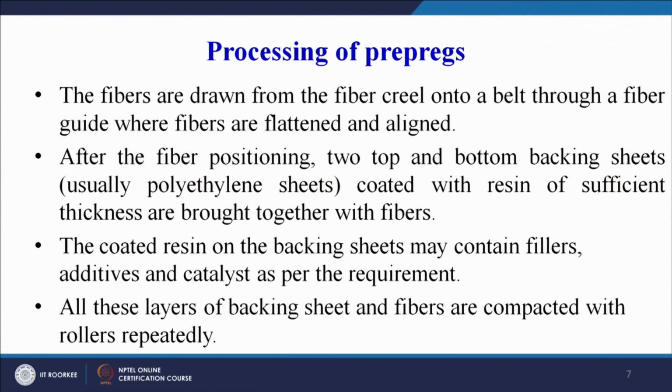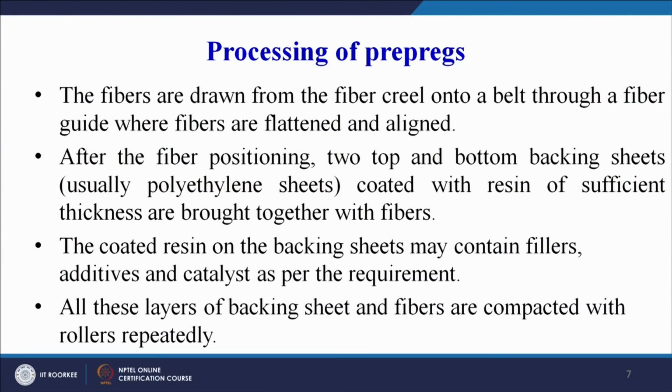Now in between we have fiber, top and bottom sheets carrying the resinous material on the inner side have been stacked together. The coated resin on the backing sheets may contain fillers, additives and catalysts as per the requirement.